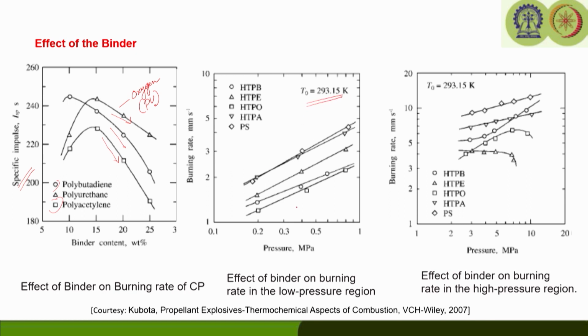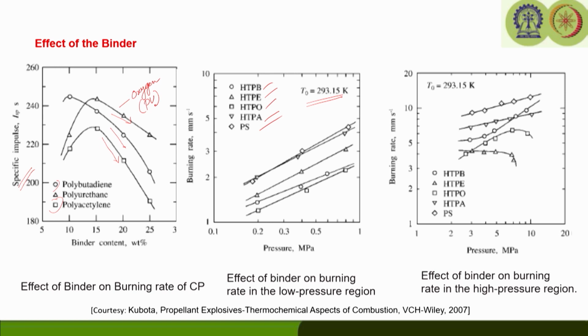Here we are just seeing the effect of binder on the burn rate of AP composite propellant with various binders: HTPB, HTPE, HTPO, HTPA and polystyrene. We can see that the HTPB binder is somewhere over here, whereas other binders actually show even better burning rate as it increases with chamber pressure.